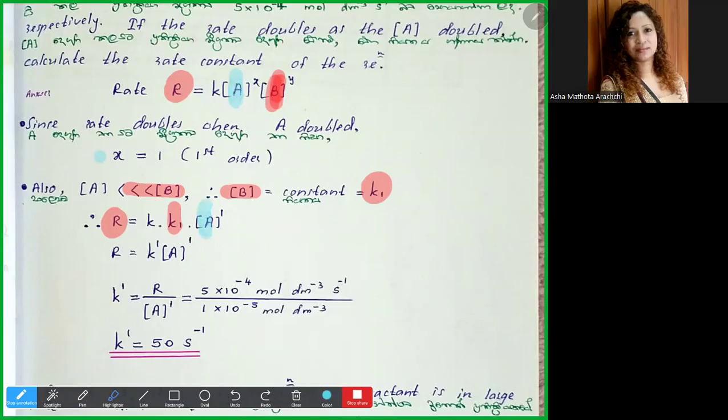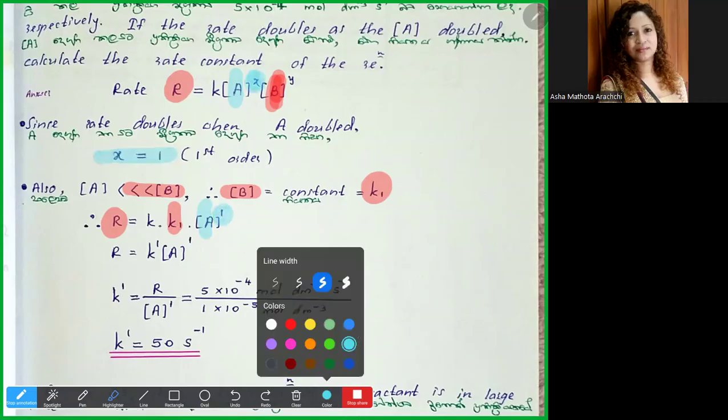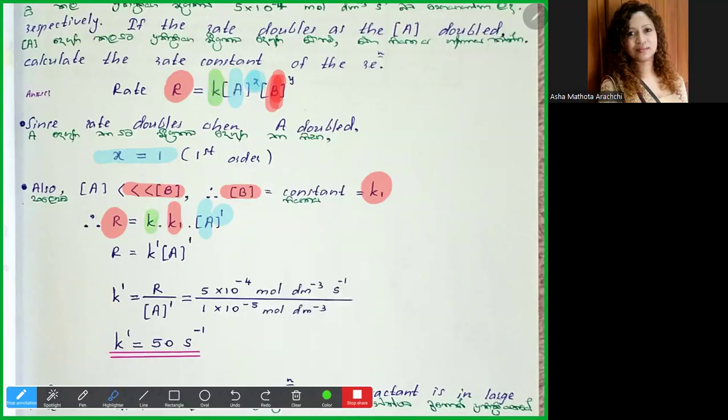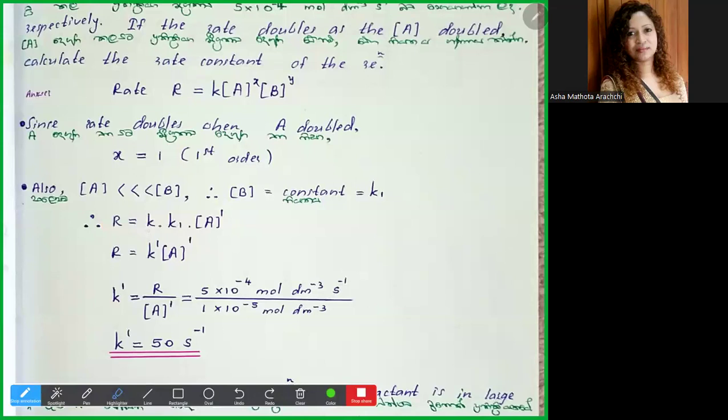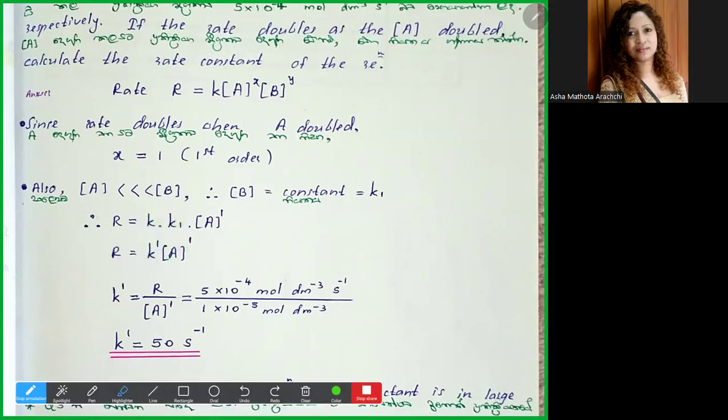Now with respect to A, X equals 1, so I'm writing it as 1. And then we already had this rate constant, which is K. This K and K1 together equals K prime. I'm writing R equals K prime A to the power 1. So my rate expression is now R equals K' A.